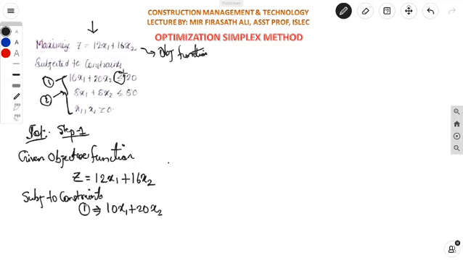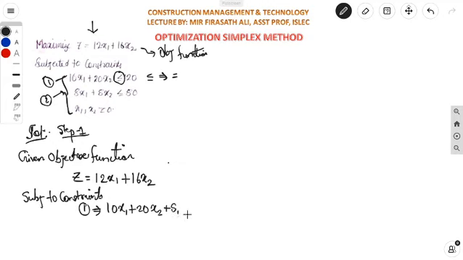So what we will do is change this less than or equal to inequality to equal to. How? By adding one variable at the left hand side. This type of variable is known as a slack variable, S1.